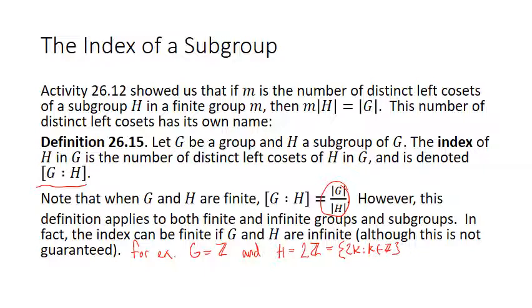H plus 1 would give you the odd integers, so the left cosets here would be H and 2Z plus 1. And so the index, or sorry, the index here of H in G would be 2, because there are only 2 distinct cosets that make up the whole group. So that's an example where both H and G are infinite, but the index is finite.